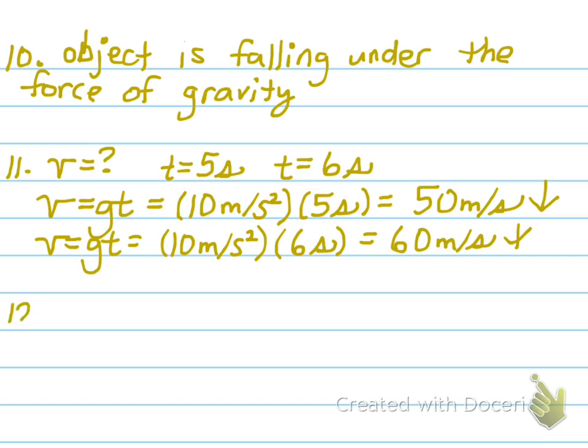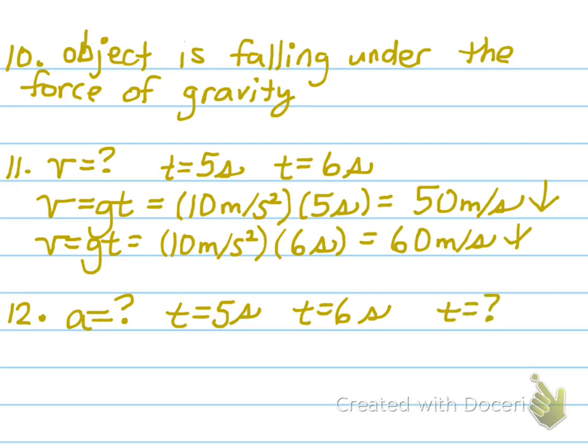Number 12, for a freely falling object dropped from rest, what is the acceleration at the end of the 5th second? So we want to know acceleration this time. When our time is 5 seconds, when our time is 6 seconds, the 6th second, and at the end of any elapsed time t.